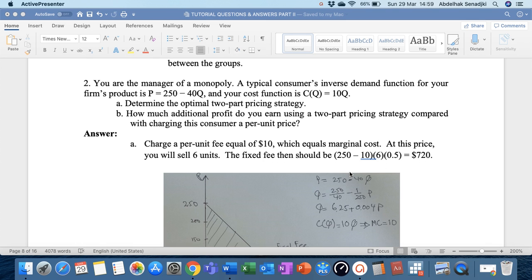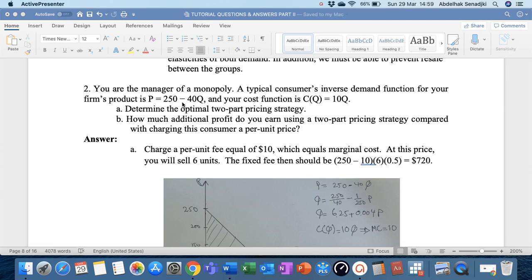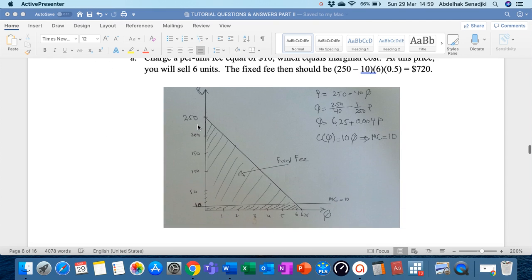How did we find that? We plot here. So we have P equals 150 minus 40Q. If Q equals 0, P equals 150.